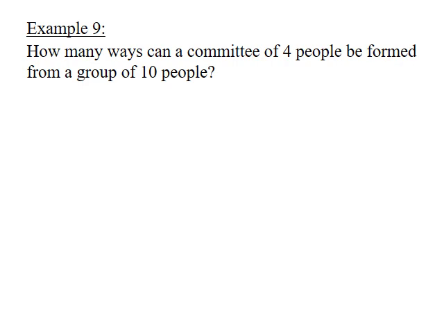Our first example says, how many ways can a committee of 4 people be formed from a group of 10? In this case, it doesn't matter who is chosen first, second, third, or fourth. So this is a combination. Remember, our formula, n choose r, is n factorial over r factorial times the quantity n minus r factorial.